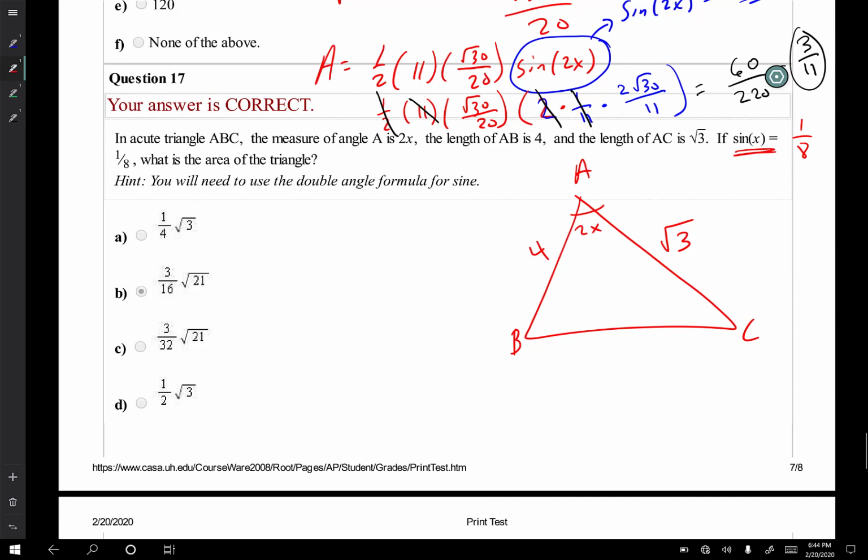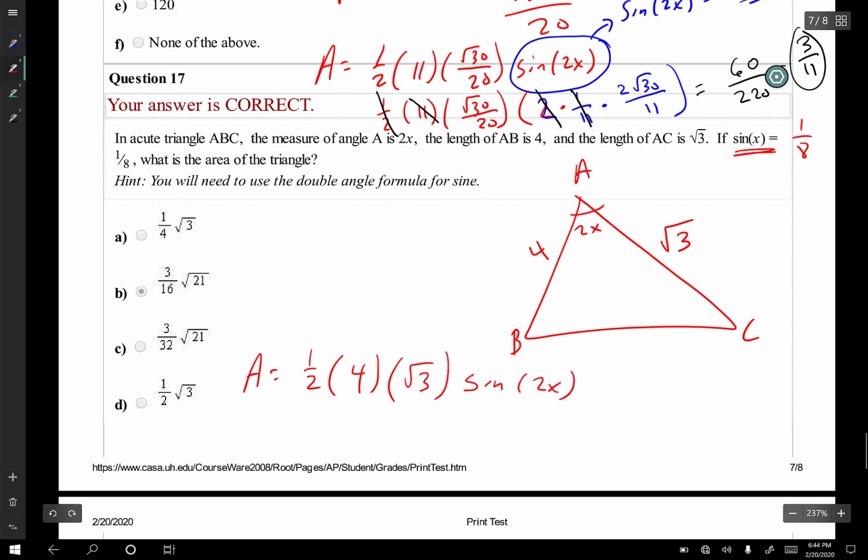Again, we're going to do the exact same thing, guys. Area equals 1/2 times 4 times square root of 3 sine of 2x. But remember that sine of 2x equals 2 sine x cosine x.